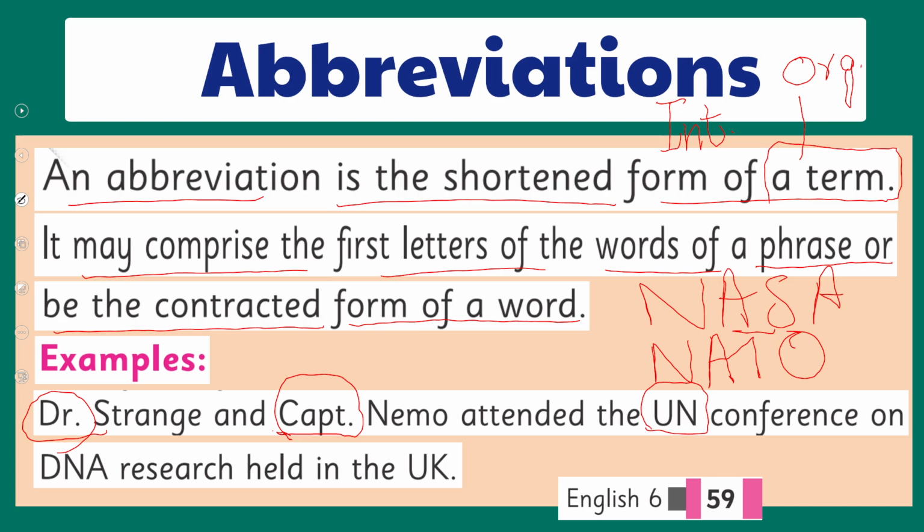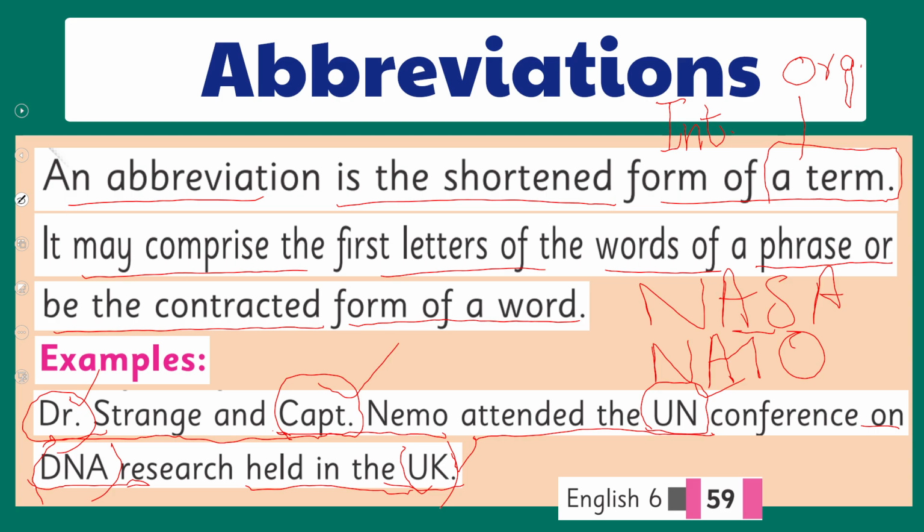Through reading this one sentence, we find many abbreviations: Dr. Strange and Capt. Nemo, first and second abbreviations, attended the UN conference, third abbreviation, on DNA research. So what is DNA? DNA is also an abbreviation, a term used in biology, held in the UK. UK is also an abbreviation of United Kingdom.